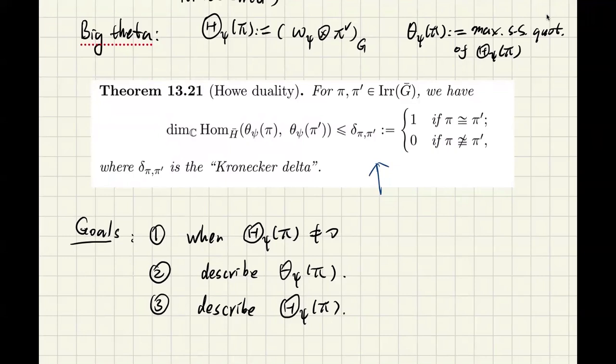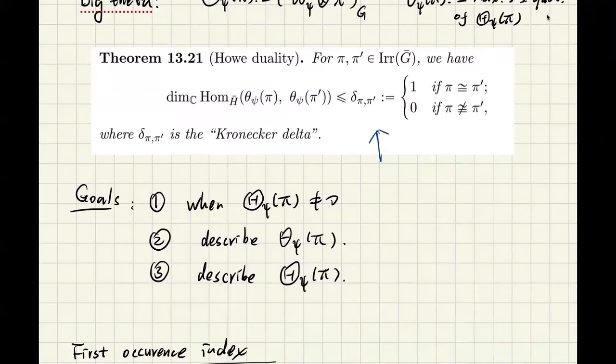For this question, in many cases this is known. For example, for the p-adic case, nowadays you can describe the small theta in terms of Langlands parameters. For the Archimedean case, for equal rank you have the result. For non-equal rank, there is no general result.